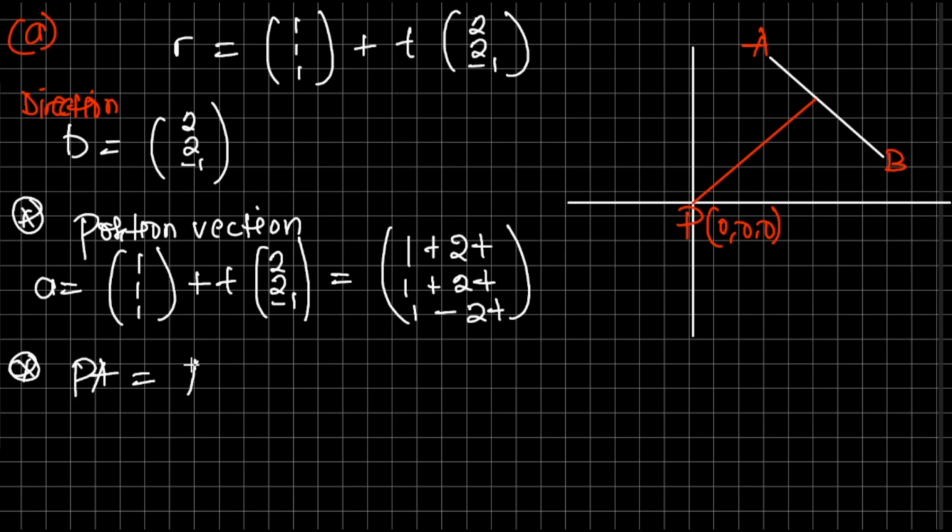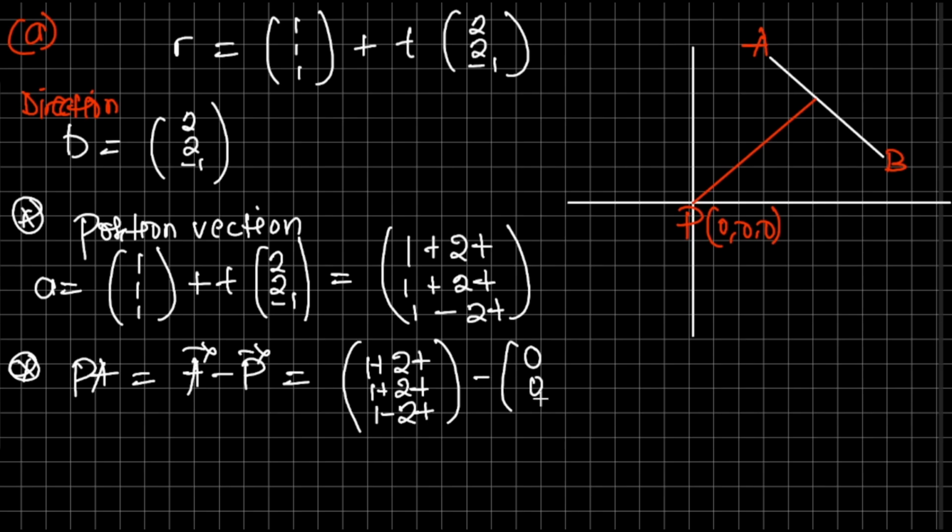PA equals A minus P, and that will be equal to (1 plus 2t, 1 plus 2t, 1 minus t) minus (0, 0, 0), which is the same thing, (1 plus 2t, 1 plus 2t, 1 minus t). Okay, that is what we have.